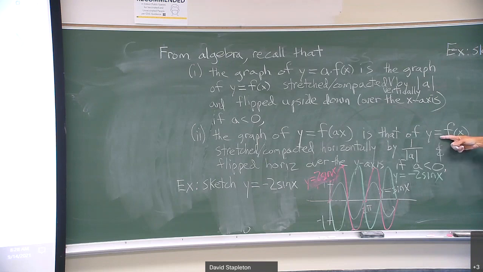According to my prescription, it's stretched or shrunk horizontally by a factor of 1 over a half. So this one here I should have written down: stretched vertically by a factor of 2 and flipped upside down. Multiplied by negative 2.